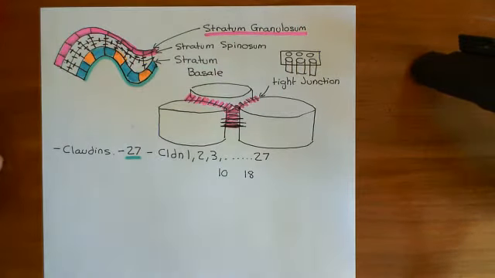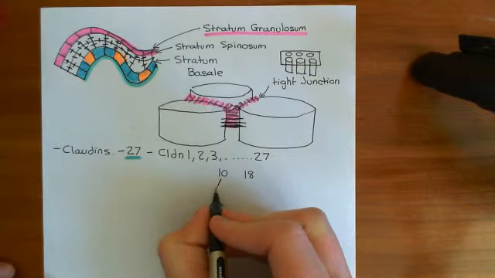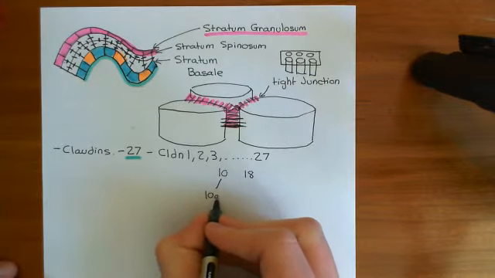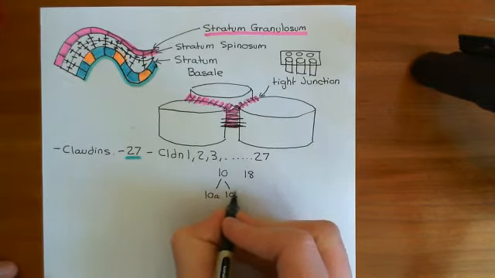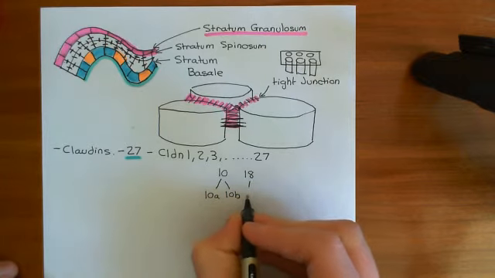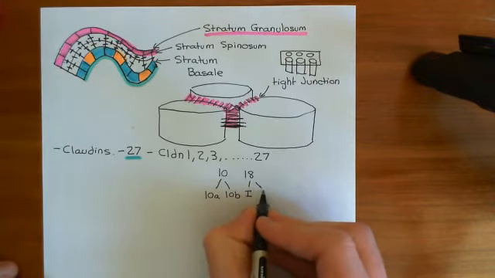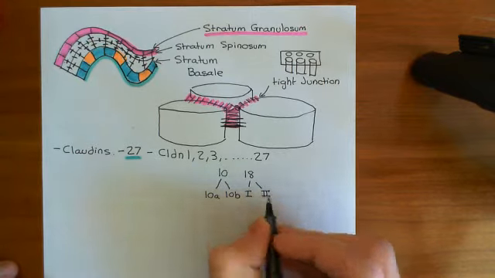I think each of them has 2 different splice variants. The 2 splice variants of claudin 10 are called claudin 10A and claudin 10B, whilst the 2 splice variants of claudin 18 are called claudin 18-1 and claudin 18-2.